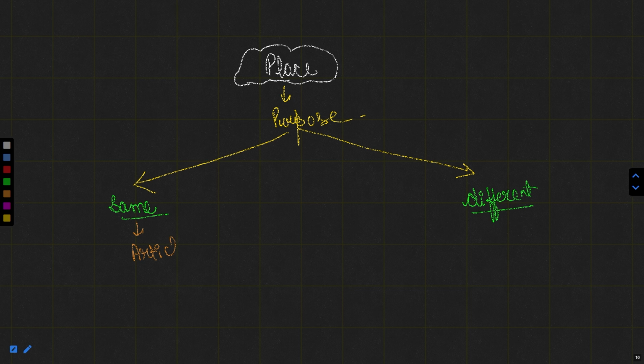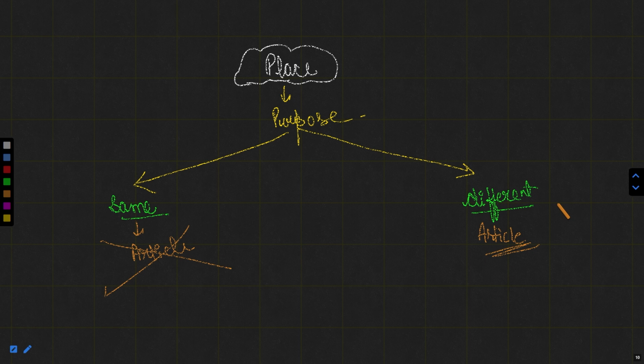No article. But if we are using it for some different purpose, of course we can use an article. Now it depends on the situation whether to use a or an. For example, if I say there is a temple on that street, or there is a temple near my house.